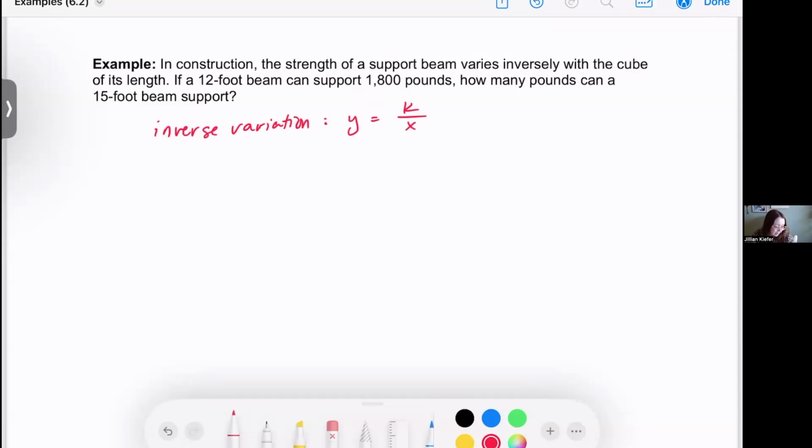So that's our inverse variation equation there. We want to define what x and y are, just so we're very clear. Y, in this case, is the strength of the support beam. X is the length of the support beam.